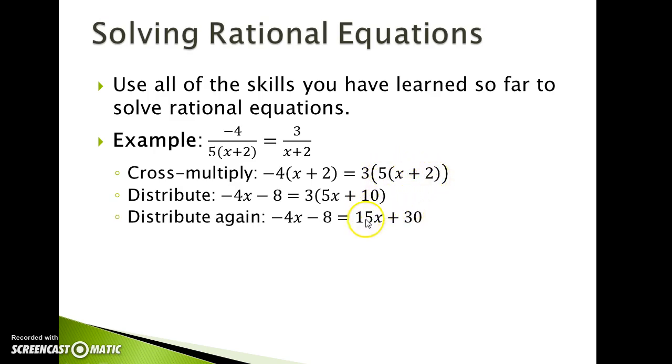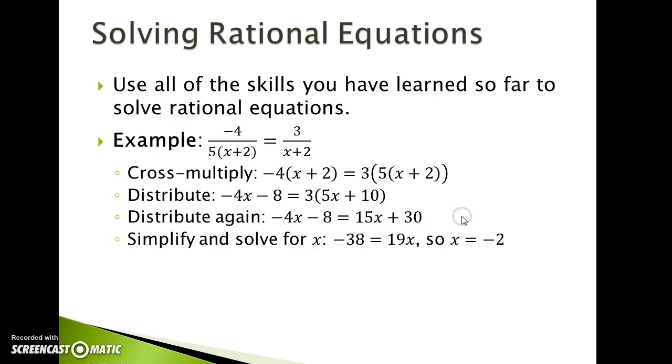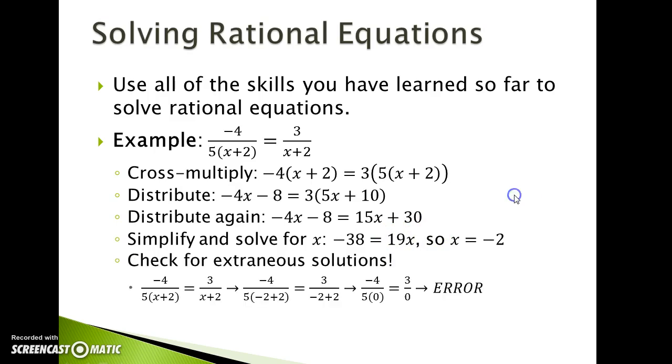I'm going to distribute again on the right, so 3 times 5 is 15x, 3 times 10 is 30. I'm going to simplify and solve for x. So -4x, I'm going to move it over, becomes 19x on the right. I have a -8, I'm going to subtract 30, move it over, so it becomes -38 equals 19x. Divide each side by 19, x will be -2.